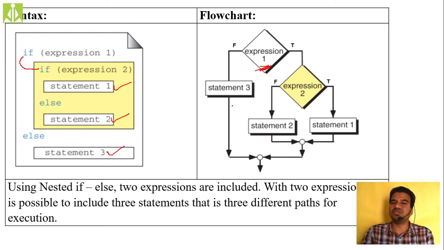When expression 1 is true, then only we go for expression 2. If expression 2 is also true, statement 1 will be evaluated, and if expression 2 is false, statement 2 will be evaluated.